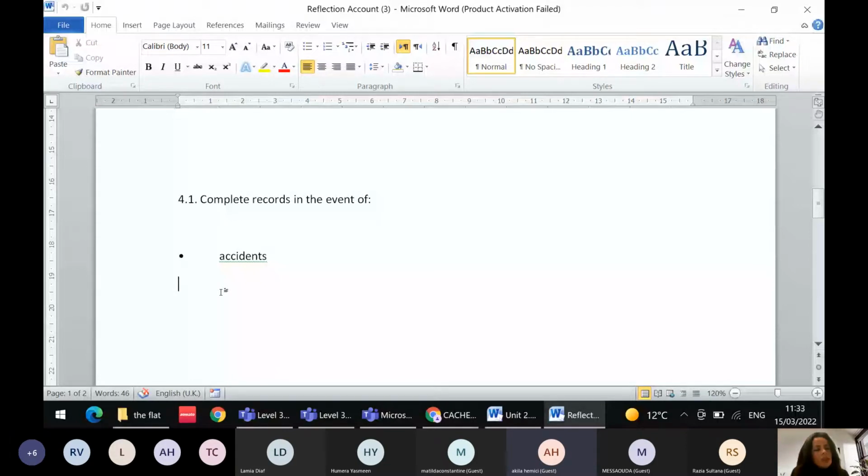I need to put this in the record as well. So this is to complete the record of the event. So to answer this question fully, I would say, in my nursery, even though I'm always doing risk assessment when any activities relate to the children.